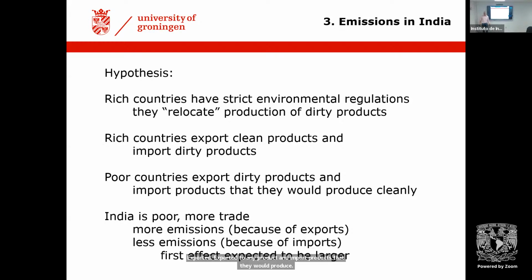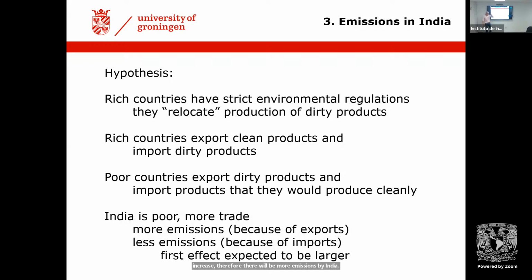Now, India, at that stage, was certainly a poor country. So if we increase the trade with and from India, then the expectation is that the exports increase. Therefore, there will be more emissions by India, and India imports.